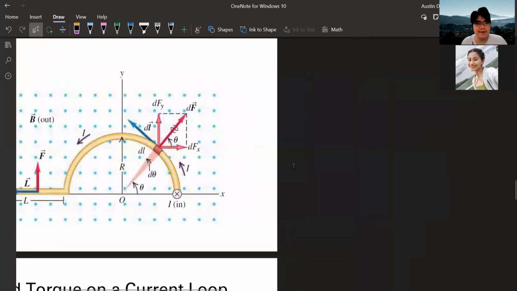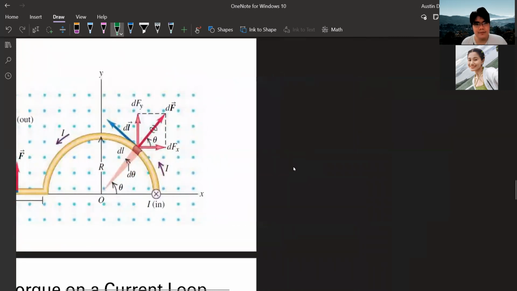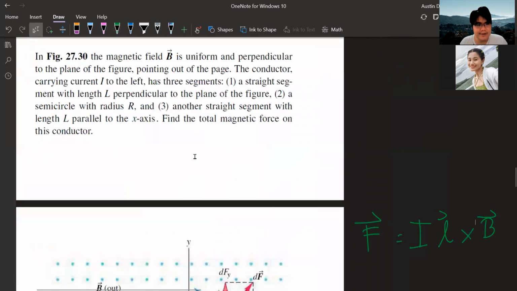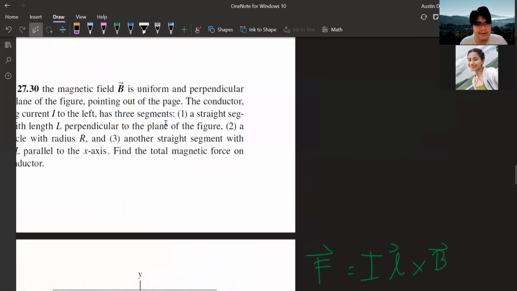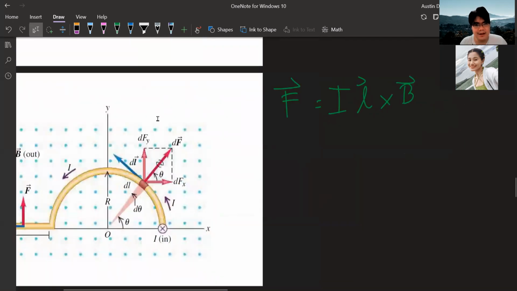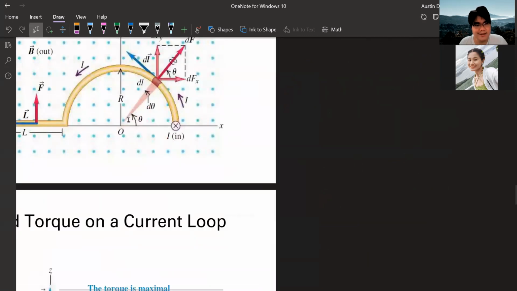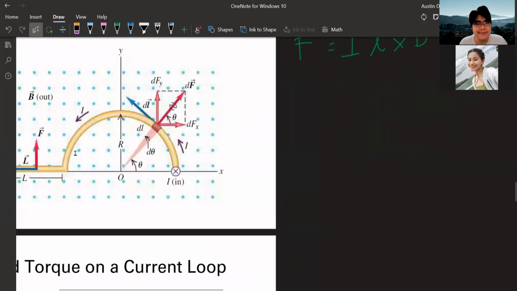Okay, let's do this. F is I, L cross B. Okay. And then the current is constant. So then the B is also constant. Magnetic field is also constant. Now what changes is yung path natin.